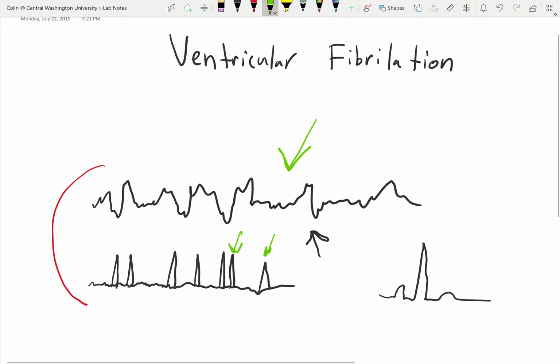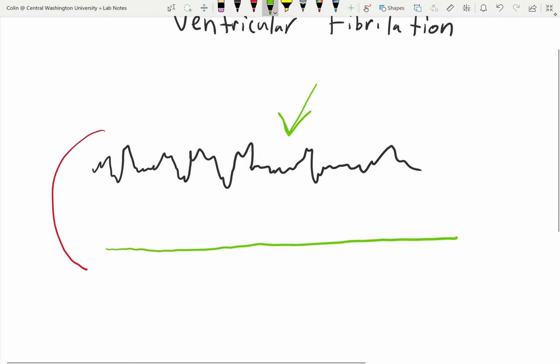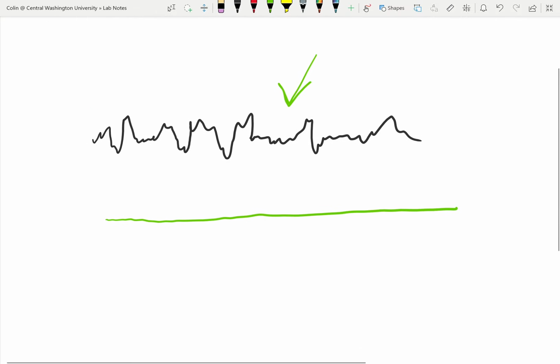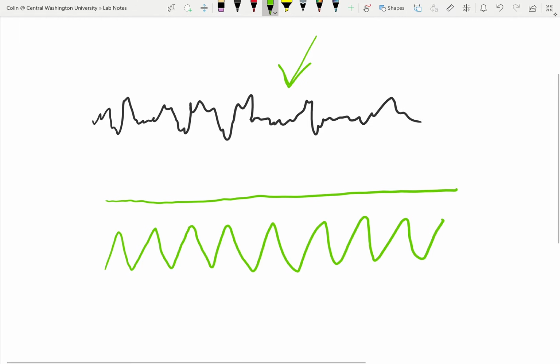So let's get rid of AFib down here for a second, and tell me if you can recognize the difference. This would be asystole, right? Just pretty much a flat line. We might go over this in this video too, but this would be Vtach, which is just, giving a hint for the future video here, these are just QRS complexes.